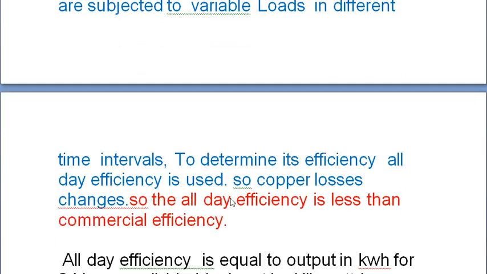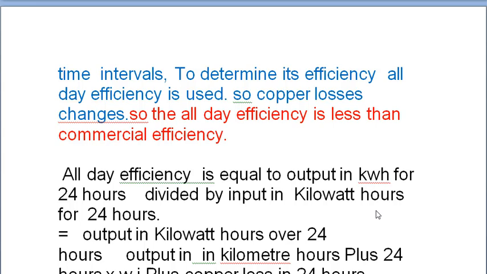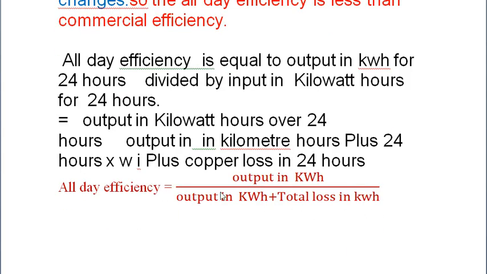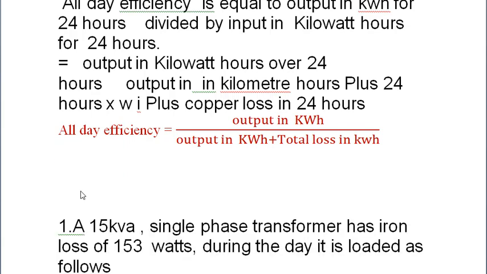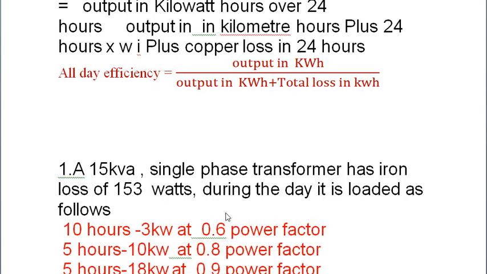So how do we define the all-day efficiency? All-day efficiency is nothing but output in kilowatt hours divided by output in kilowatt hours plus total loss in kilowatt hours. To understand this, let me take a problem which is normally asked in all university examinations, and most of the time people get confused solving it, but it is very simple.